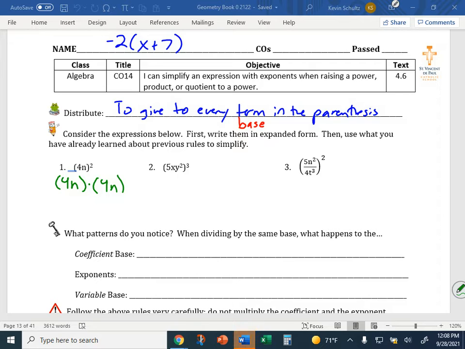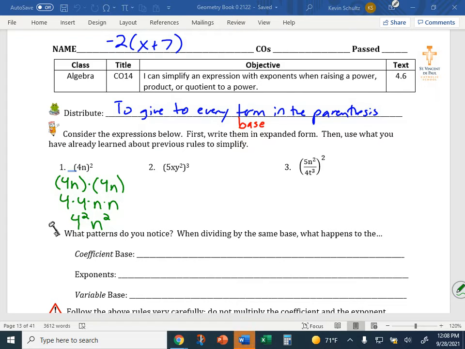We can rewrite this as 4 times 4 times n times n, because when we multiply, we can write things in any order. We can group our 4s together and our n's together. We know 4 times 4 is 16, but for the interest of this objective, I'm going to write that as 4 squared n squared. And we'll come back to why that is in a little bit.